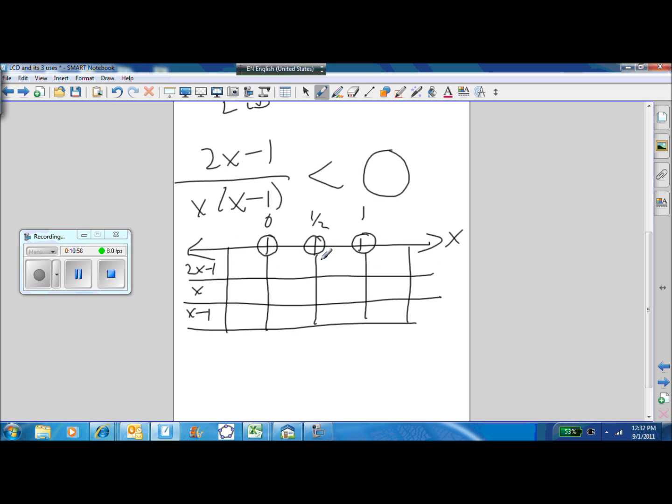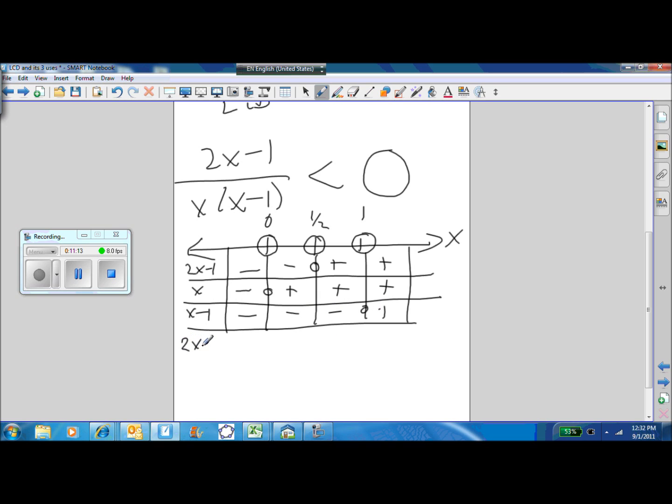The 2x minus 1 changes and it's 0 here at a half, so it's negative before that and positive afterwards. X changes at 0. It's negative before 0, positive after 0. X minus 1 changes at 1. It's negative beforehand, positive afterward.